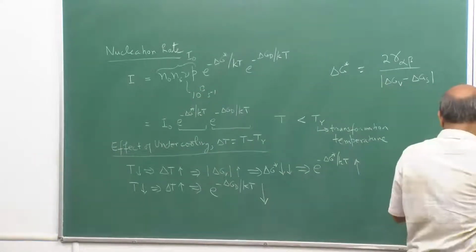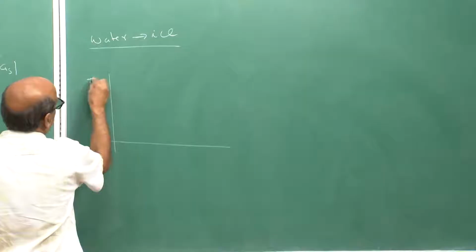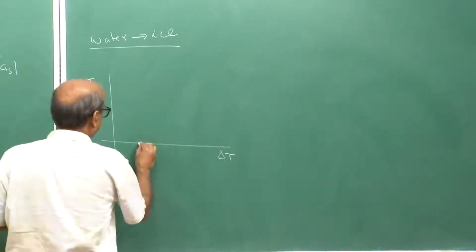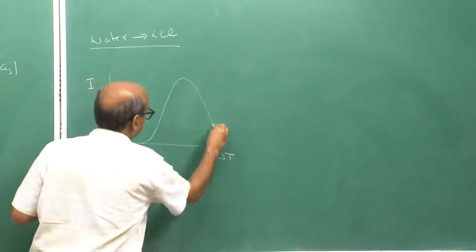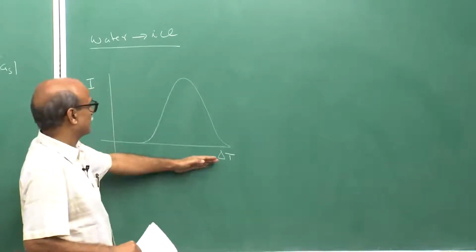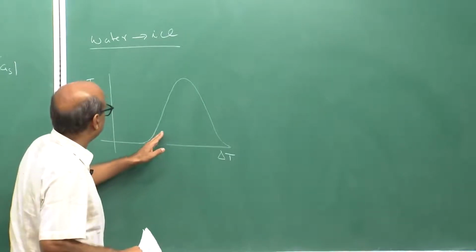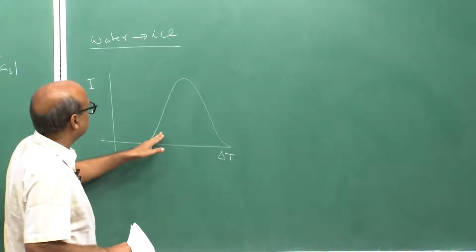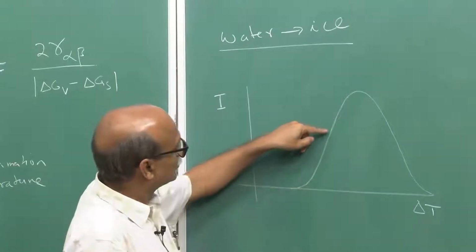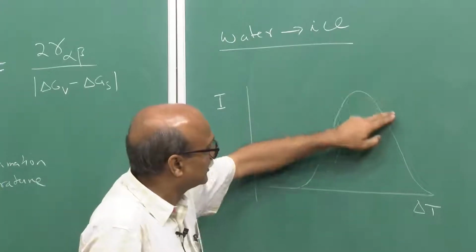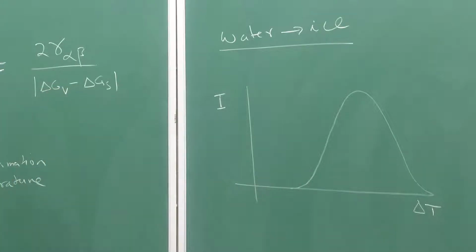And in fact, if I were to plot I versus delta T, I would get a change in the nucleation rate with increasing undercooling in the following manner: initially smaller nucleation rate, and as delta T is increasing, the nucleation rate goes up, and then it goes through a peak, and as the undercooling increases further, the nucleation rate starts to drop again.